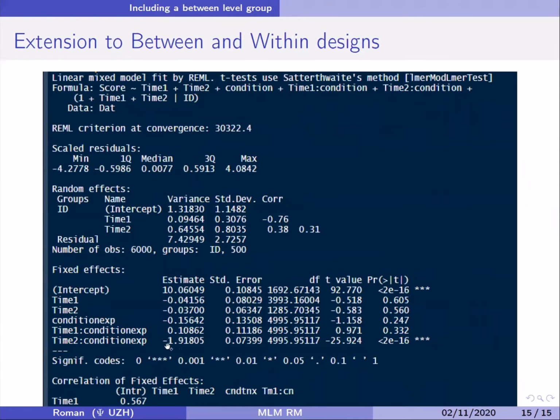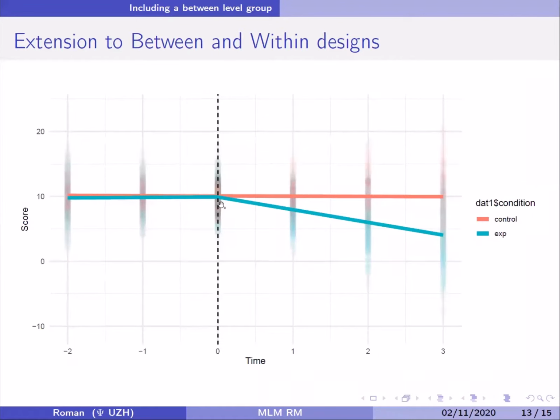What's really interesting to us is the interaction of the experimental condition and time 2. This is telling us we have a significant difference in the slopes at time 2 for the experimental condition. So the experimental condition, well, round up to 2, has a slope of about 2 lower.